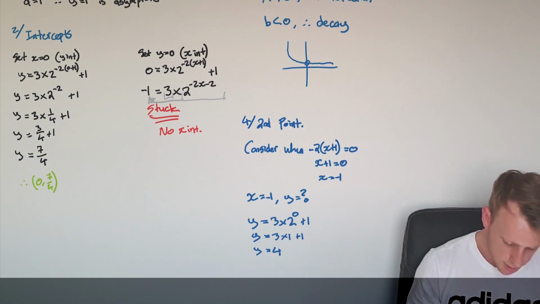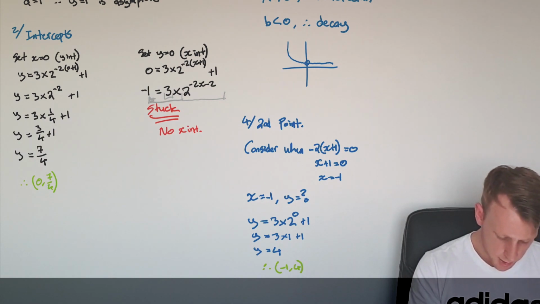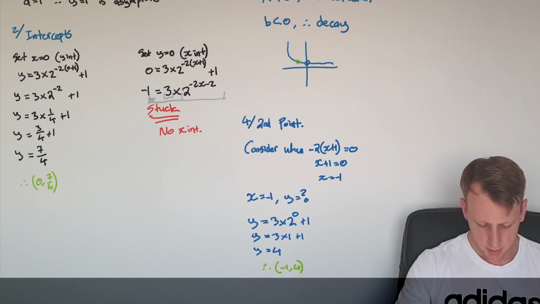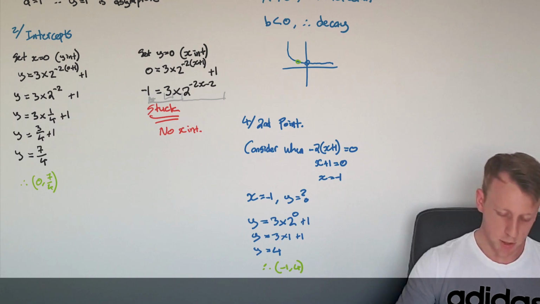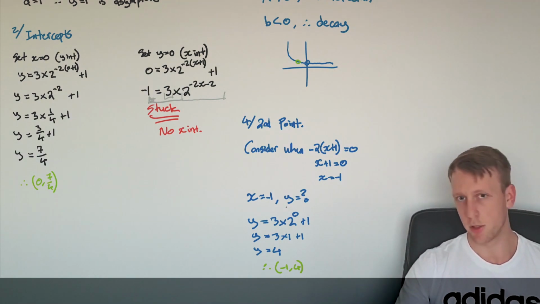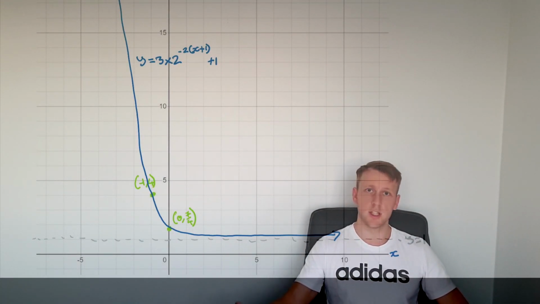This gives us our second point at (-1, 4), which, if we refer back up here, is going to be something like that. Now we just need to piece it all together, which is step number 5: scale it and label it on a Cartesian plane. And so that is our sketch fully put together.